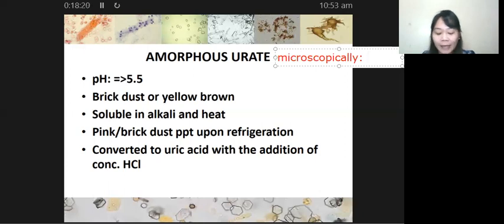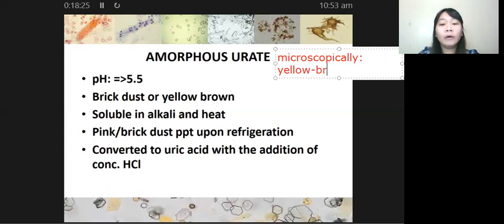So microscopically, they appear as yellow-brown granules, and they usually precipitate at a pH that is greater than or equal to 5.5. But it is still within the acidic range. So a pH that is greater than or equal to 5.5.